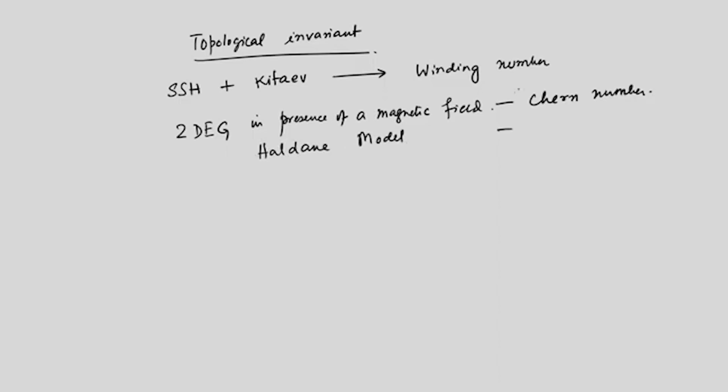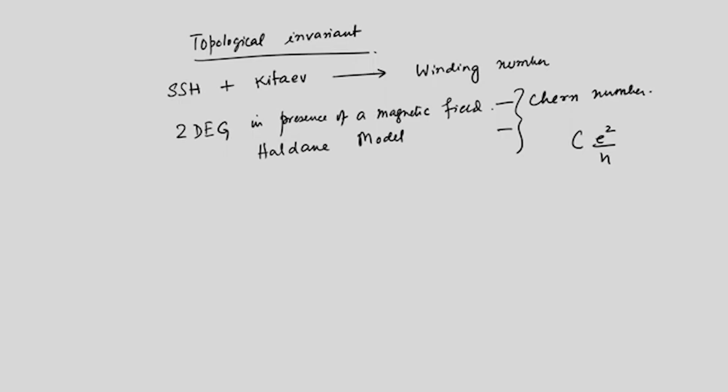So, by and large, whenever there is a quantized Hall effect, there has to be a Chern number, which is the topological invariant. So, the Chern number sits right in front of the e squared over h, and this C takes values which are 0, 1 and so on.